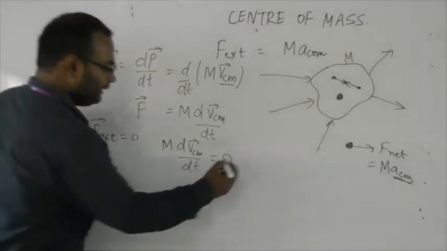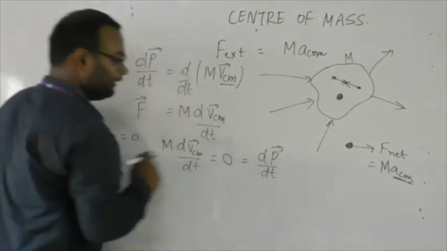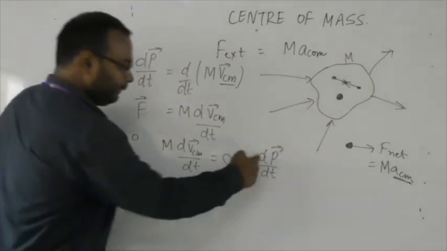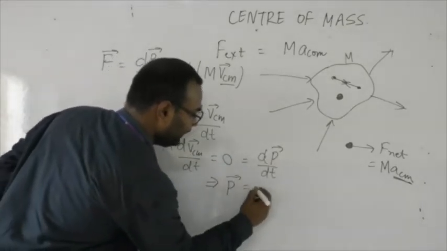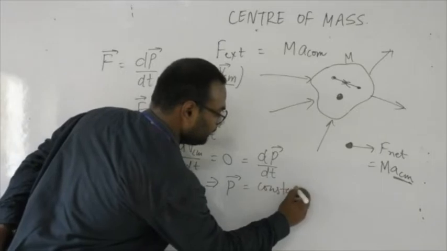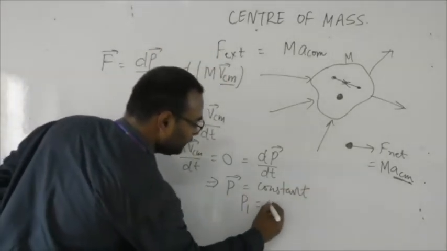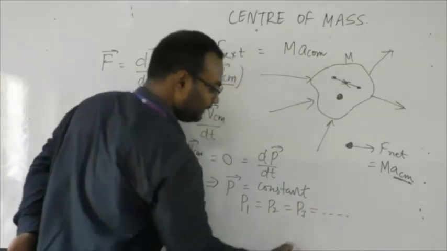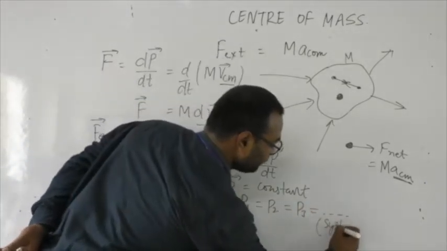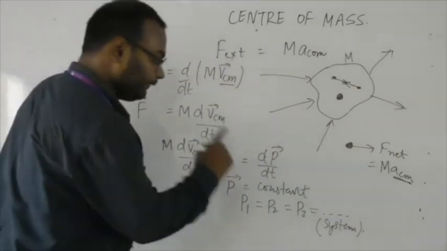Also you can say that dp by dt is 0. When dp by dt is 0, you can say that p is constant. That means you can write p1 equals p2 equals p3 for a system. Remember, only for a system.